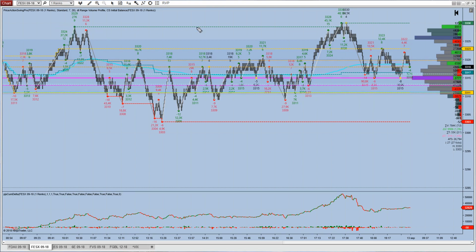The green line is tracking the high, the red the low, and we also have this orange line here, which is the open of the futures.